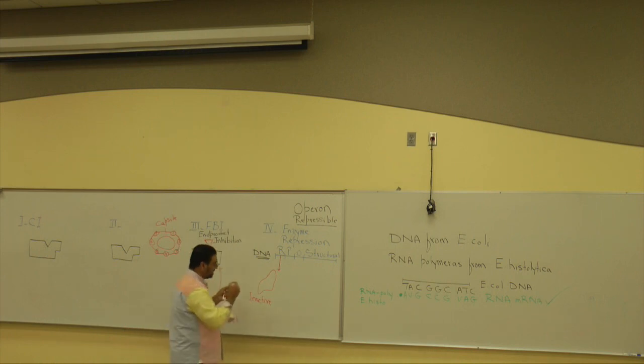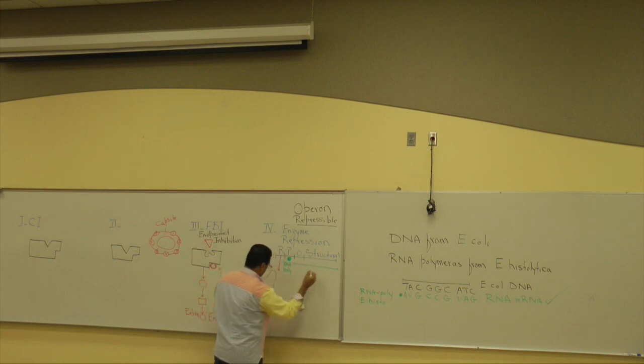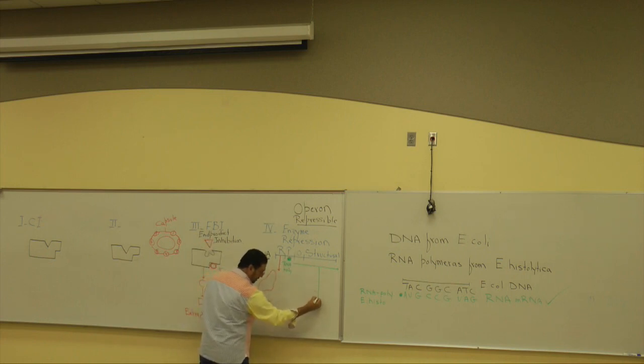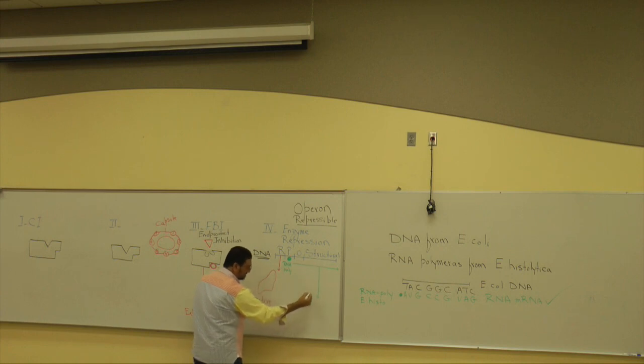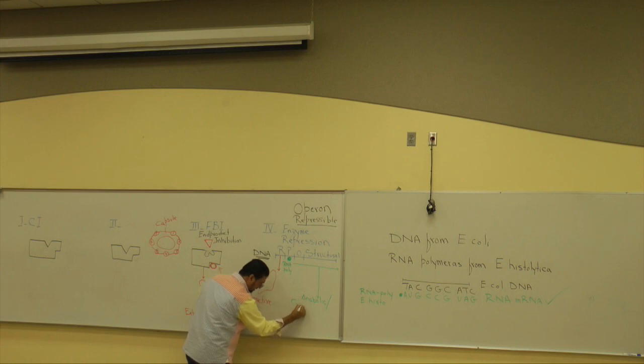When it is inactive, RNA polymerase can travel to the structural genes because the repressor cannot bind to the operator. So transcription takes place, translation takes place, and anabolic or constructive protein is made.